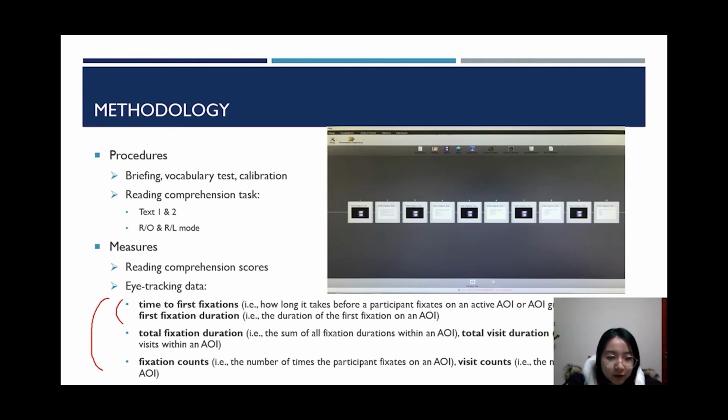Shorter total fixation durations and visit durations means less cognitive efforts and higher reading fluency, and fixation or visit counts assess how many times the participants refocus on the AOIs, causing repeated fixations or visits. So lower fixation or visit counts represent less cognitive efforts and therefore higher reading fluency.